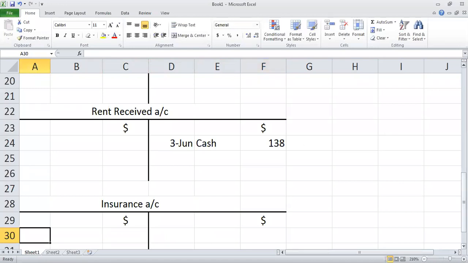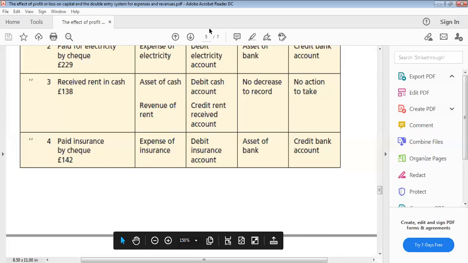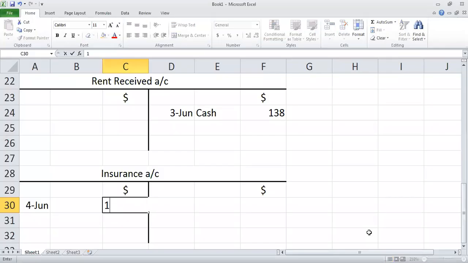In this case, you debit insurance. It's June 4, right? And the amount is 142. The debit to insurance is 142.